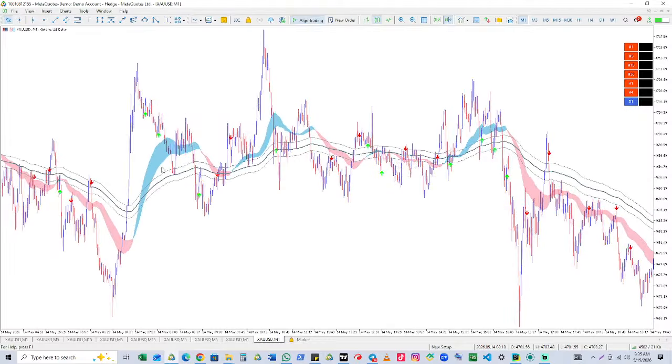So you see in this area, you would see that the arrows appear and they may fail. It's fine. They fail sometimes, which is perfectly fine. It's okay for them to fail.